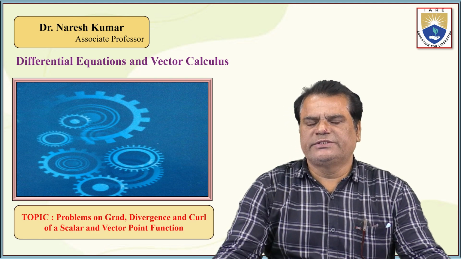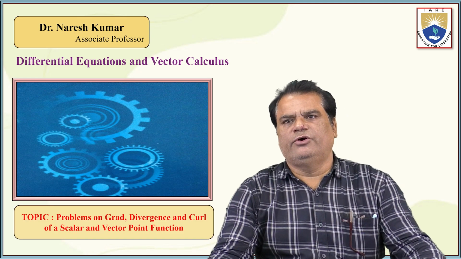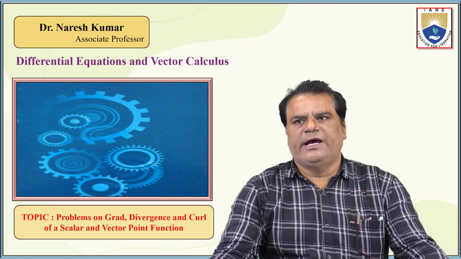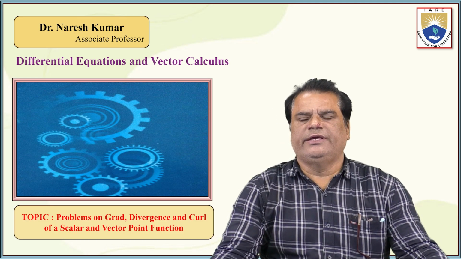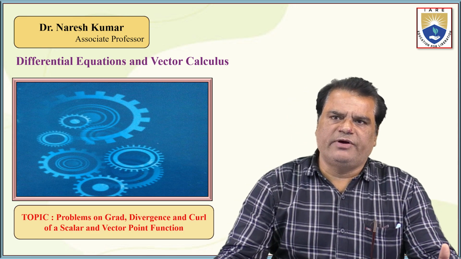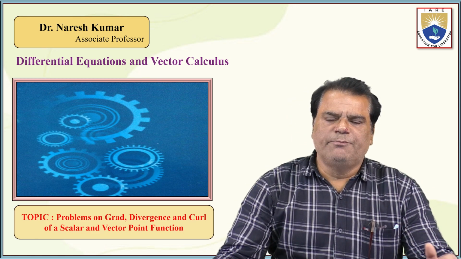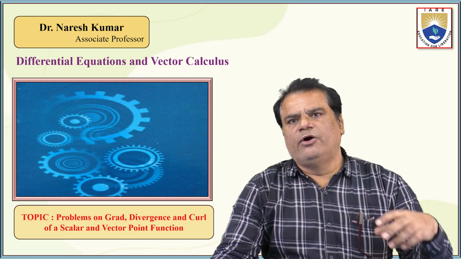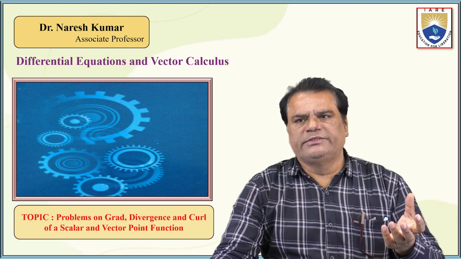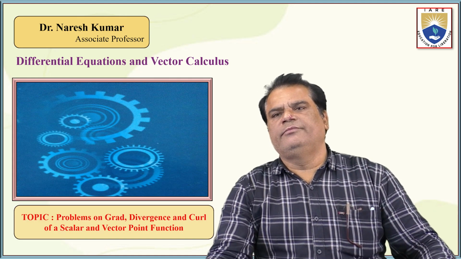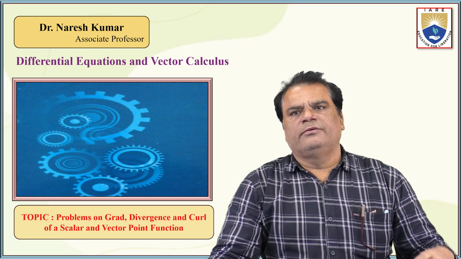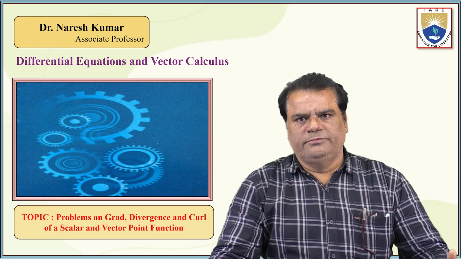Today I am going to discuss some problems on grad, divergence and curl of a scalar and vector point function. Some problems depend on a scalar point function and some depend on a vector point function.